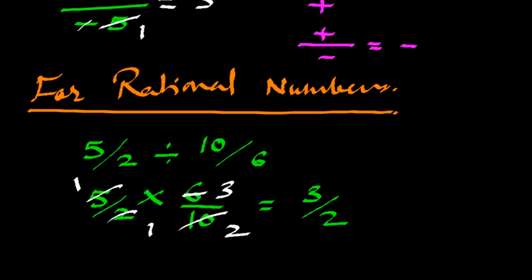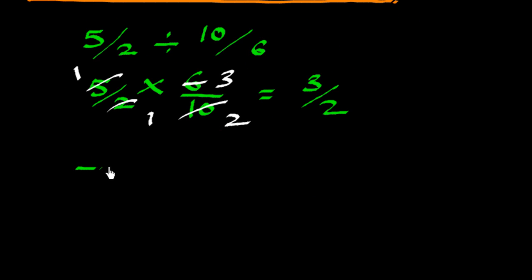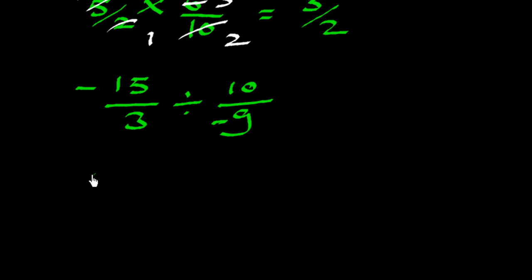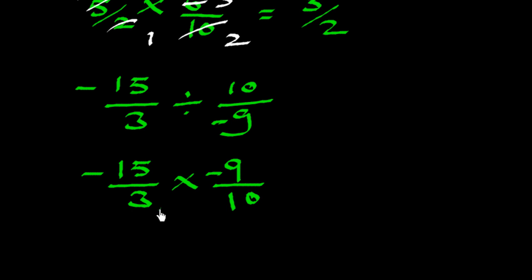I explain one more example. Minus 15 over 3 divided by 10 over 9 minus 9. So we see how we get this. The same thing we have to apply here, 15 over 3 into 9 over minus 9 over 10.